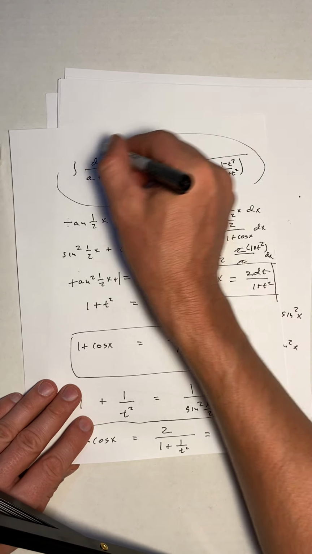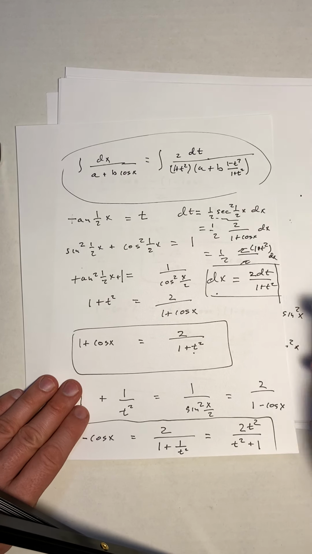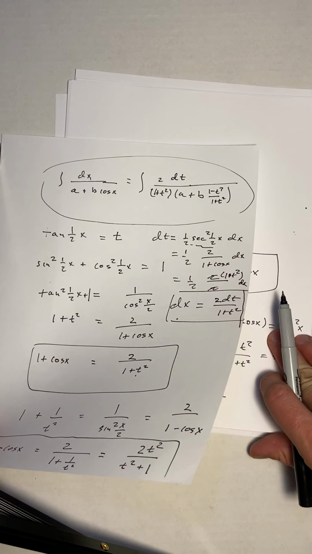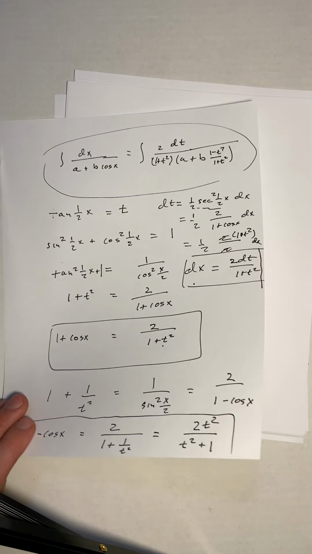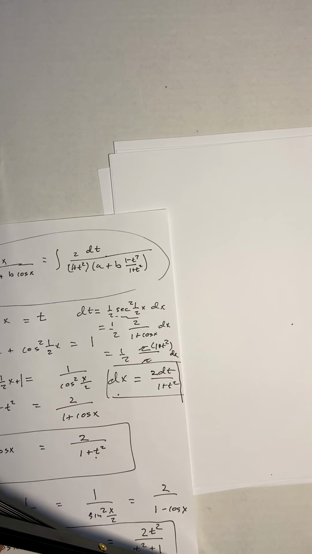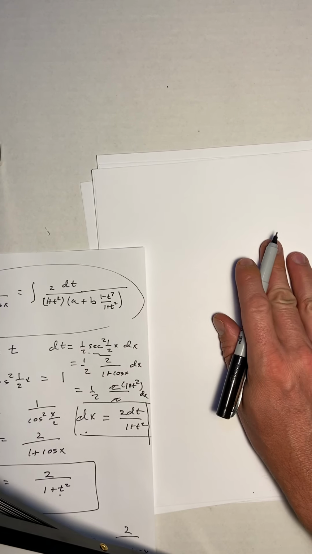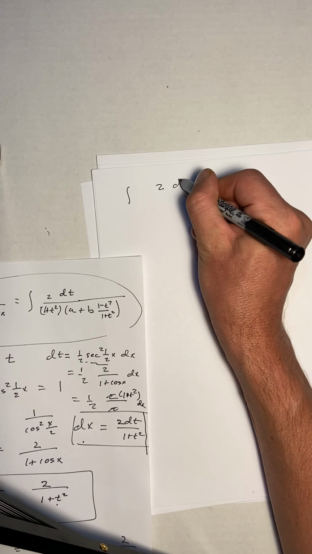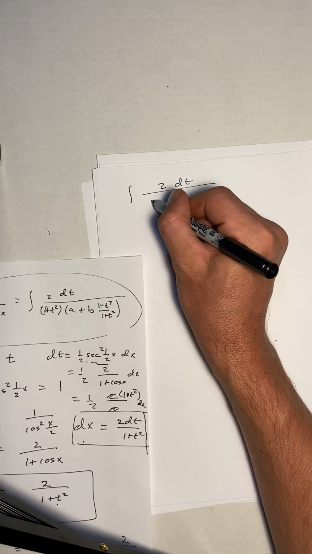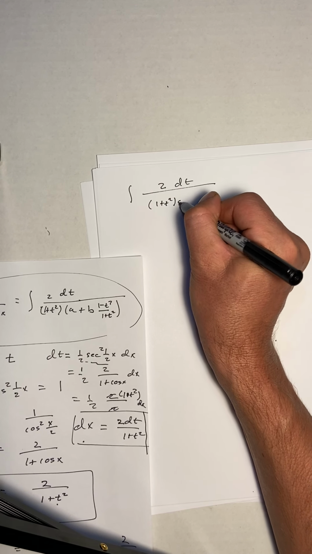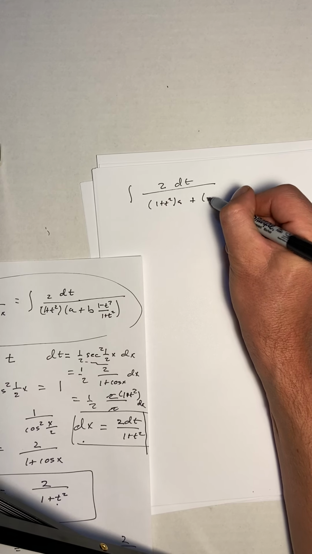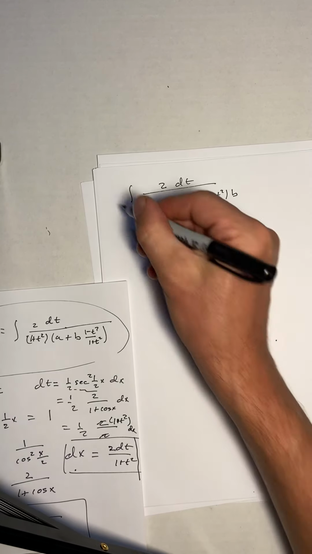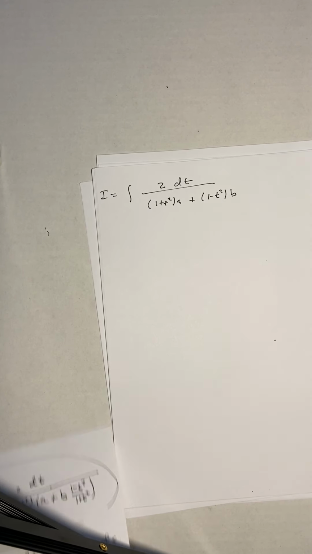And so I will evaluate that t integral and then substitute variables at the end. Let me go to another page so I can do this. So the integral with respect to t is then going to become the integral of 2 dt over 1 plus t squared times a plus 1 minus t squared times b. Okay, so I is equal to that.